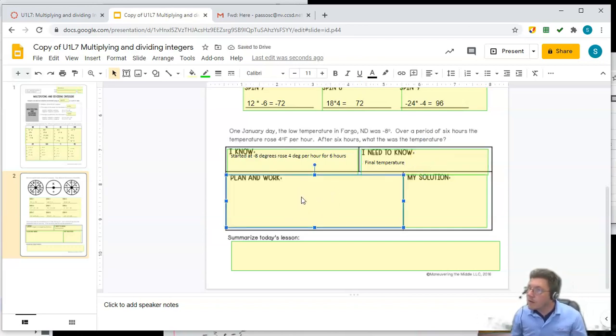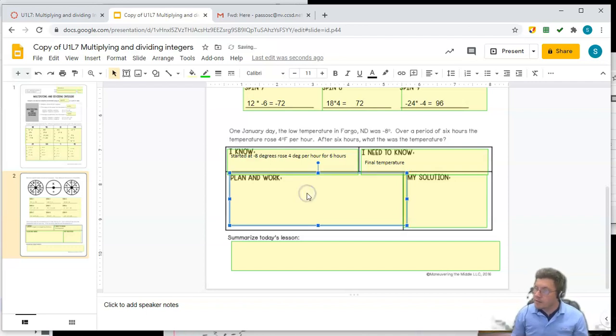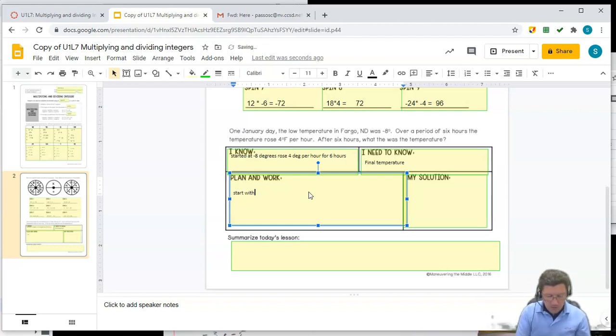So my plan is to start with this original, okay, move that down. Start with original and add change. So our original temperature is -8 plus, let's figure out our change.